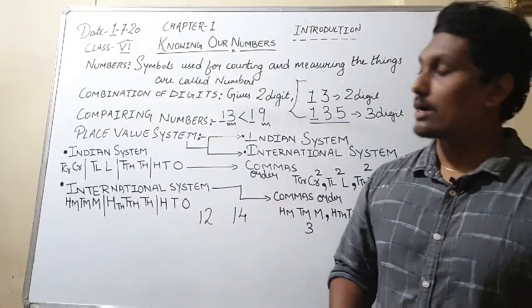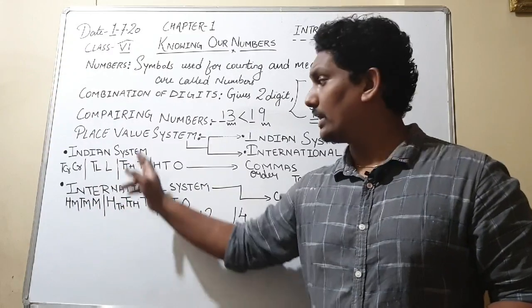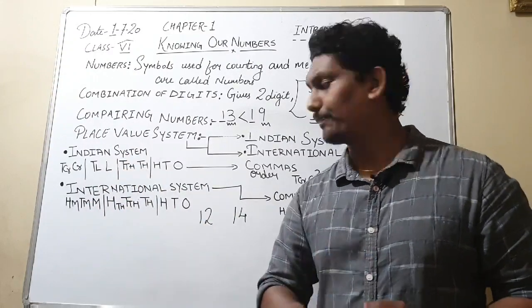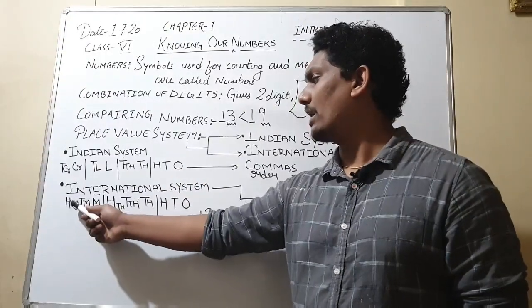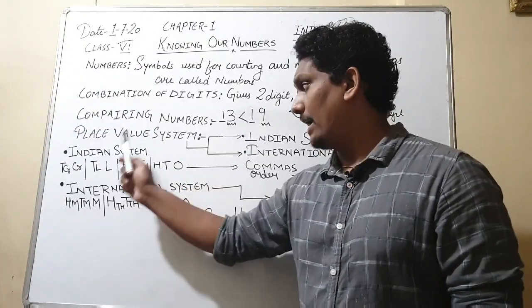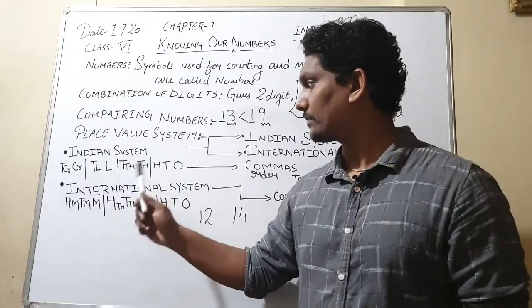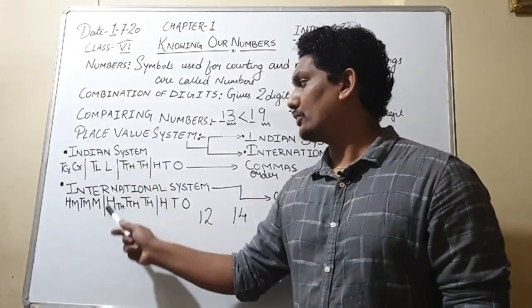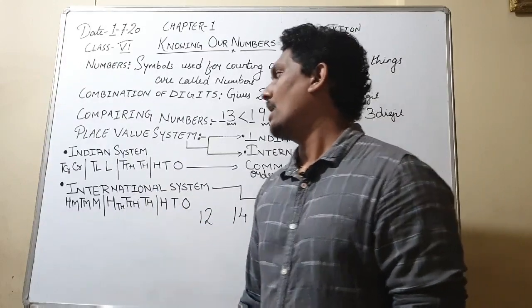So when you are comparing the international system with the Indian system, remember one thing: million, billion, trillion, all these come under the international system, and lakhs and crore come in the Indian system, right? So these are the two systems we have already studied in lower classes.